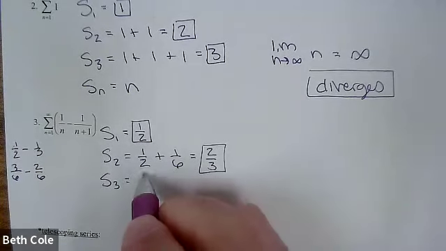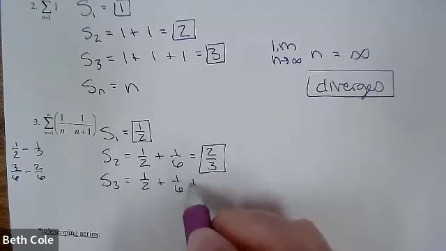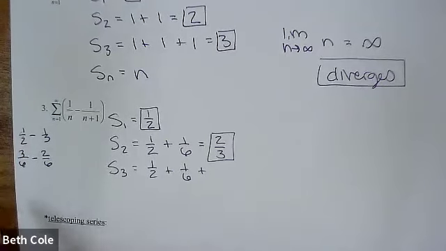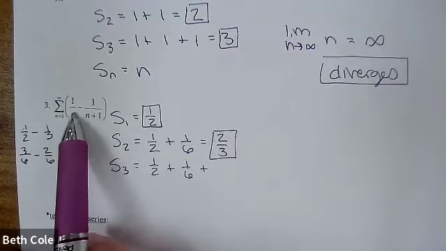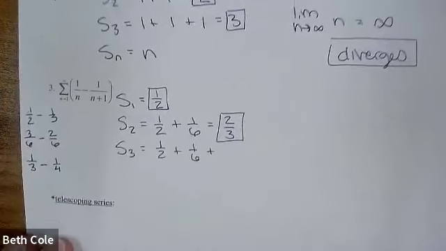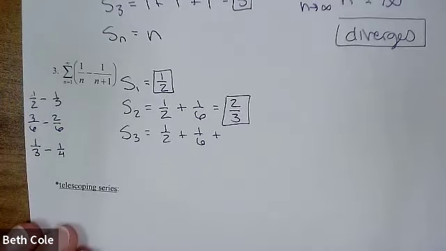So it's going to be 1/2 plus 1/6 plus whatever we get when we plug 3 in. Again, I'm going to do that as a margin problem off to the side. If you can do it in your head, go for it. Okay. So if we plug in 3, we're going to get 1/3 minus 1/4. And your common denominator would be 12.